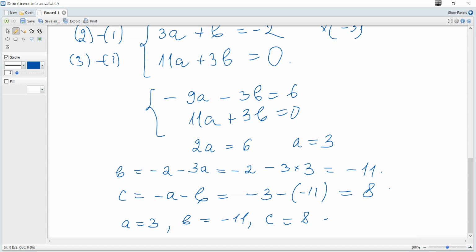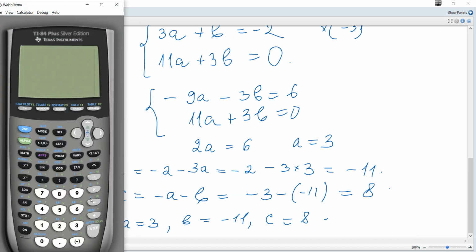And actually, let me show how to solve using a calculator. To solve with the calculator, we should do the next. We need matrix, edit, and it becomes 3 times 4. And the first equation, it's a plus b plus c is equal to 0, and we need just coefficients.